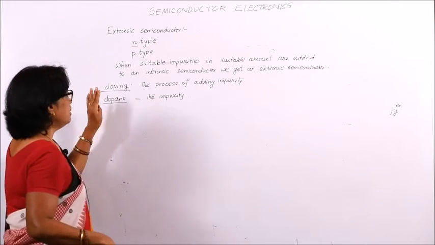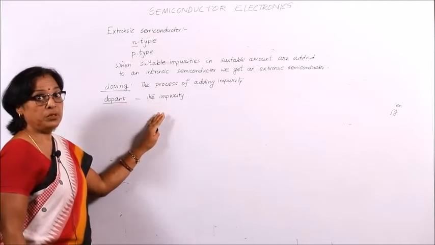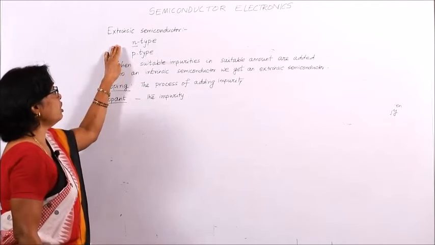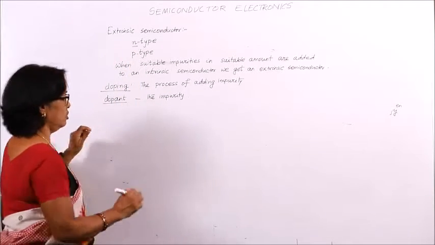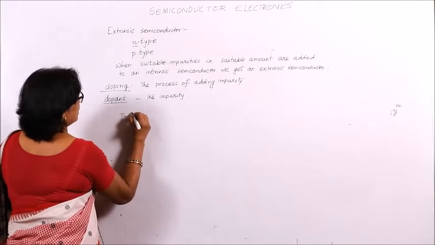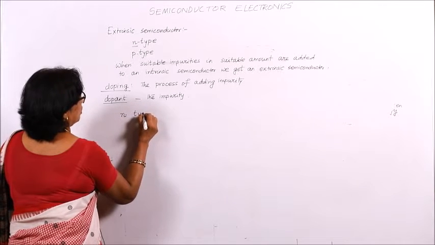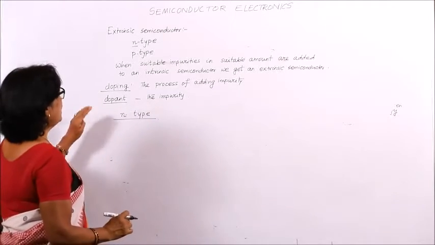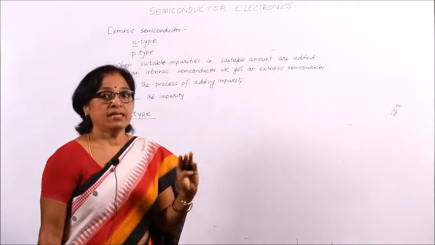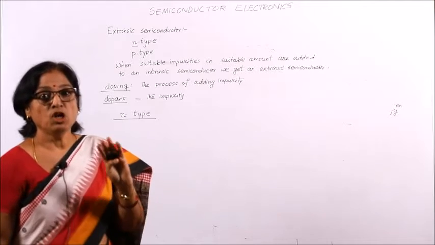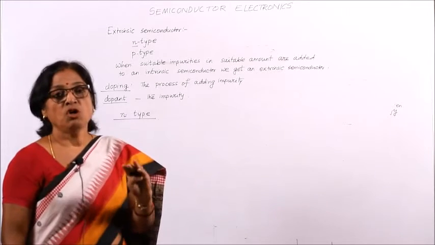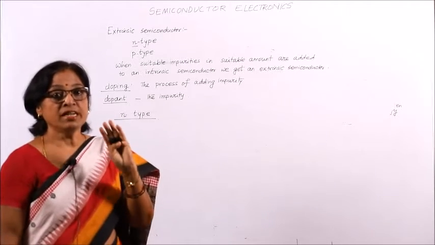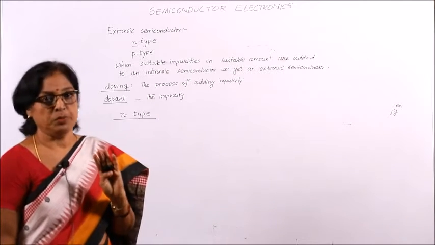Depending upon the type of impurity, you get an N-type semiconductor or a P-type semiconductor. Let us first take how we get an N-type semiconductor. I have already told you that these intrinsic semiconductors belong to the group 4 elements, or tetravalent. They contain 4 electrons in the outermost orbit.